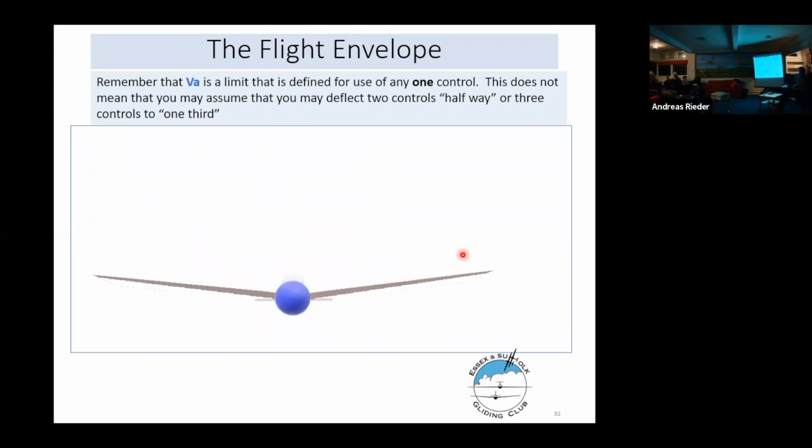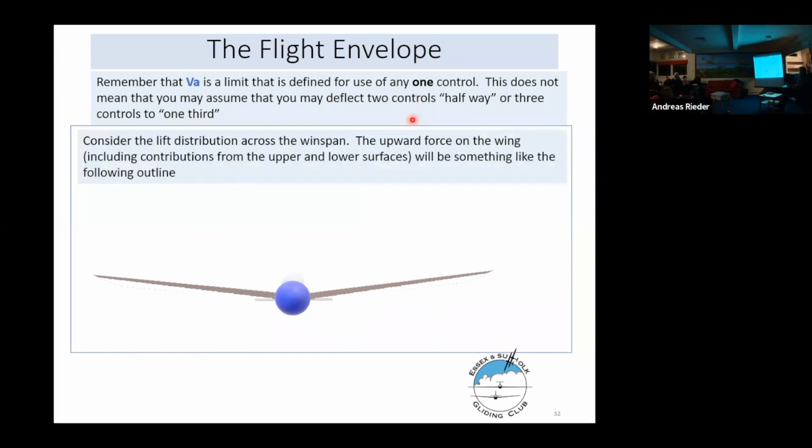I don't know if you can see that. On my screen, I can see a canopy here, but you may not be able to see that. So why is this true? Why is VA defined for only one control? If you imagine this aircraft flying towards you and consider what the lift distribution is across the wing, it'll be something like that.